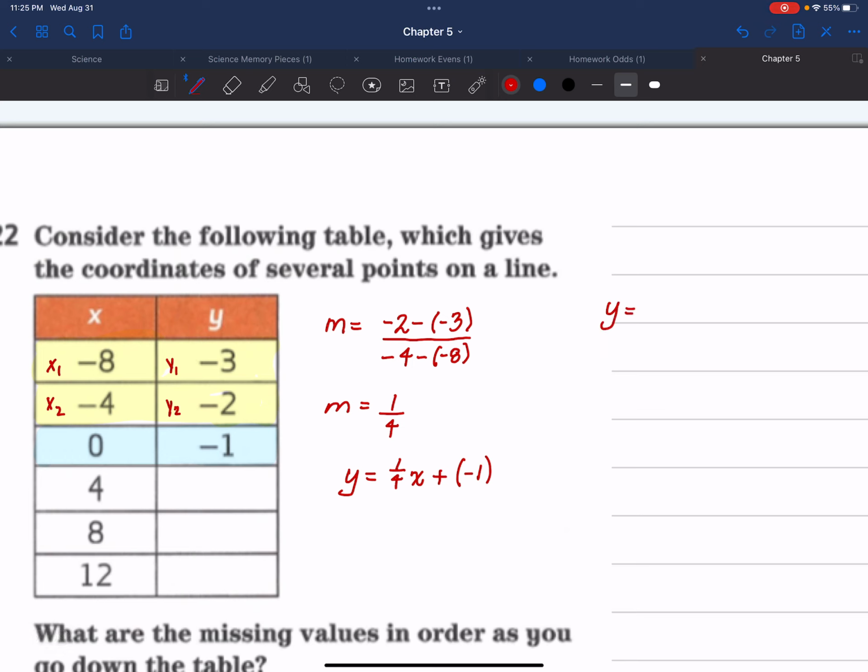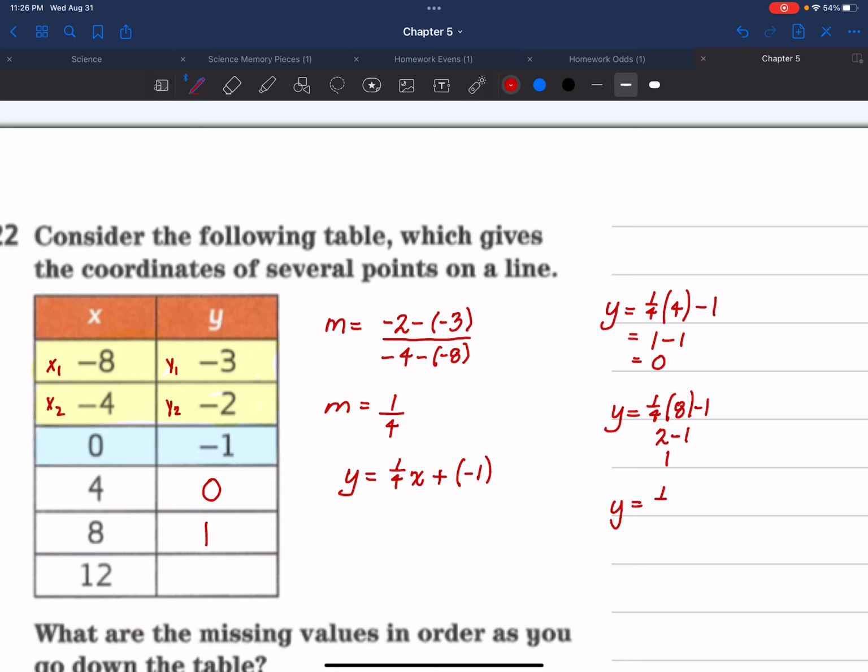So y equals 1/4 x, and we're letting that be 4, minus 1. So we have 1 minus 1, y is 0. Then we have 1/4 of 8 minus 1. That would be 2 minus 1, or 1.